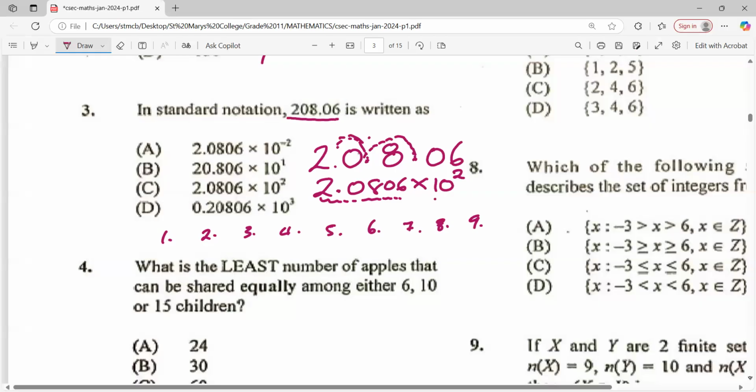So that's how you can know. All right, so it should have been positive. Or you can look at it this way and say, where is the original decimal point located? To the right, right? So when this is positive, we move to our right. So that would have been C.